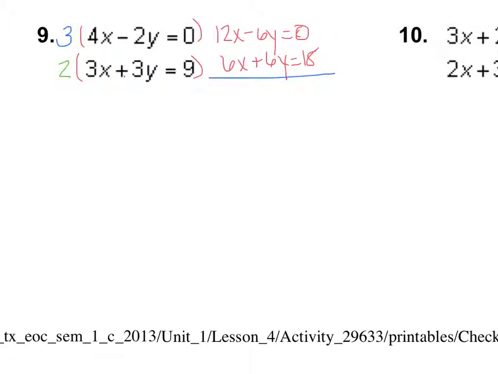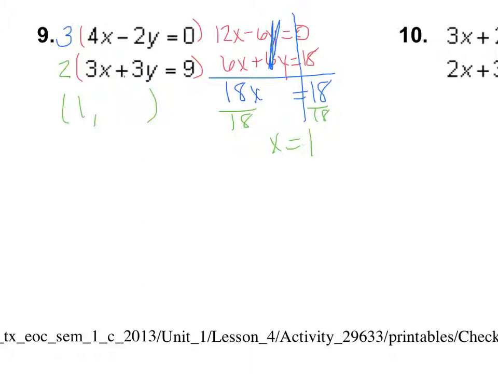And so if I combine these together, because they're already opposites, 12x plus 6x is 18x. My y's are going to cancel, and 0 plus 18 is 18. So to get x by itself, I'm going to divide both sides by 18, and I get that x equals 1. So the first half of my answer is 1.